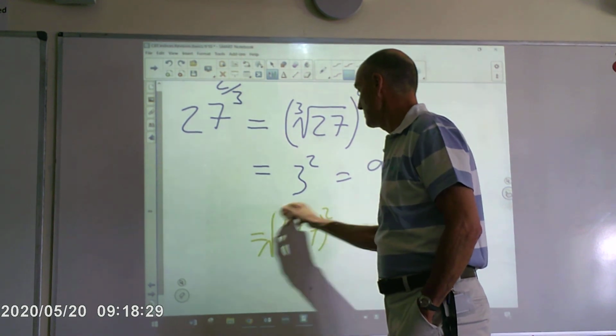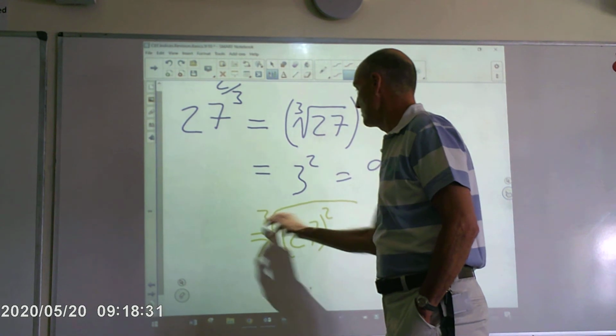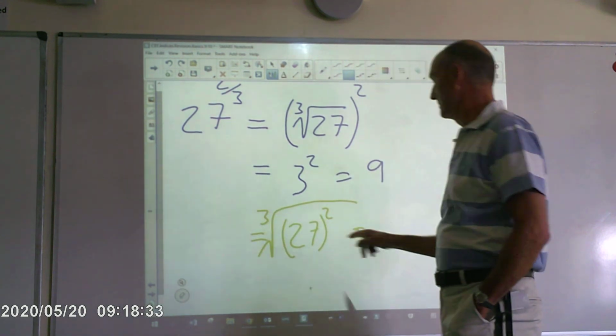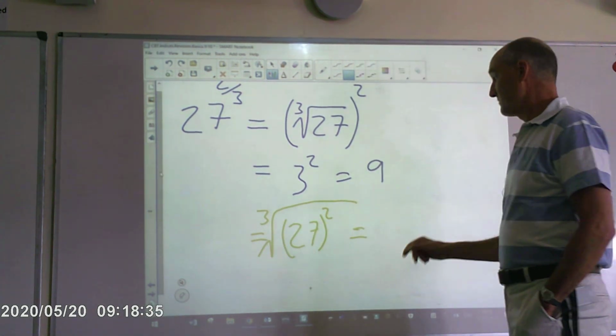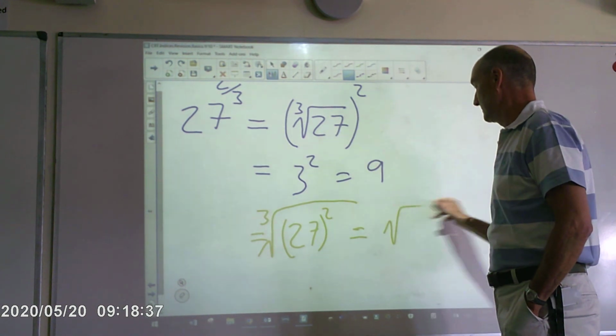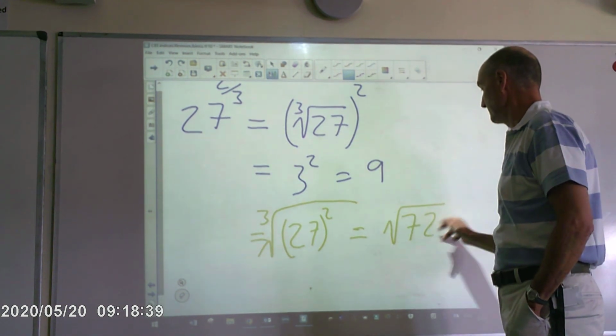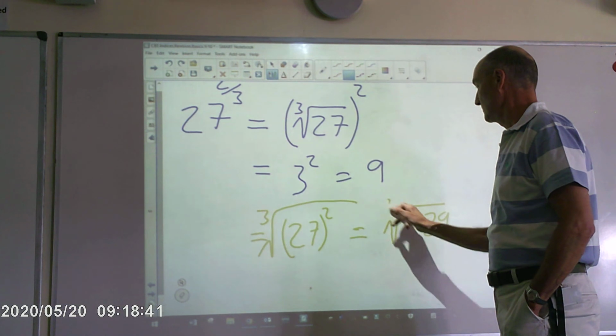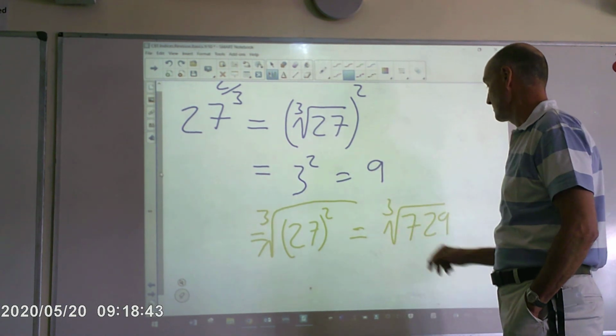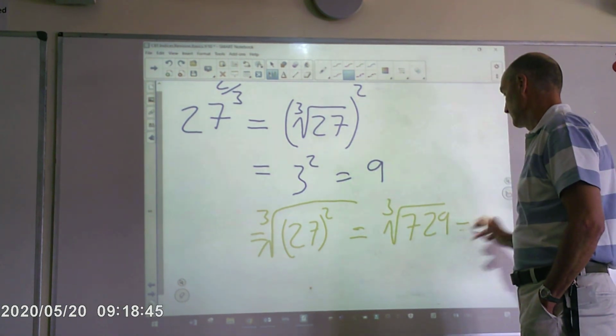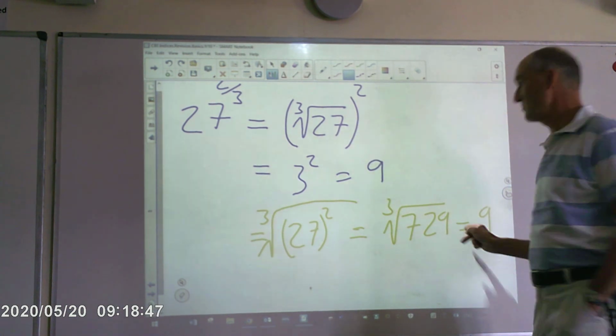And then take the cube root of all of that. 27 squared is 729. The cubed root 729 is actually 9.